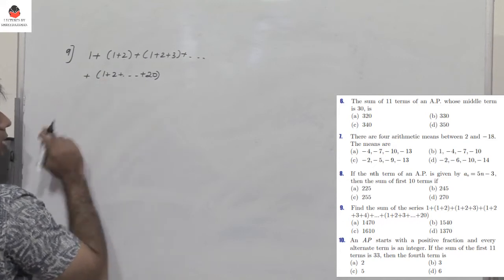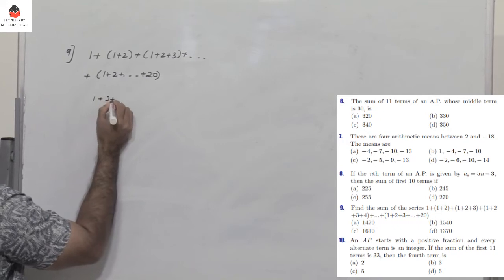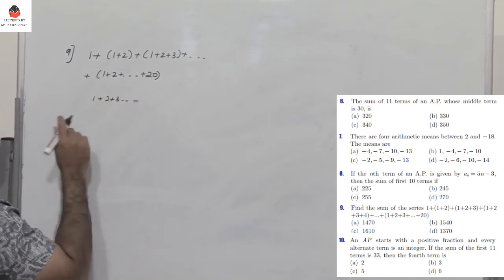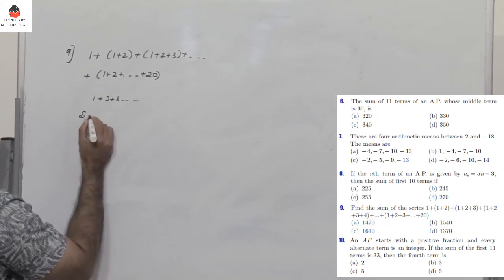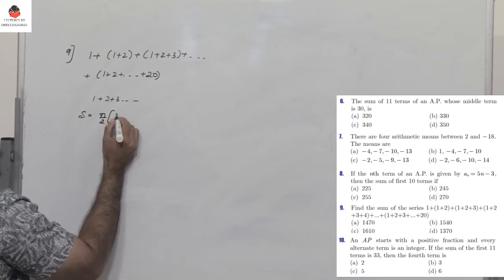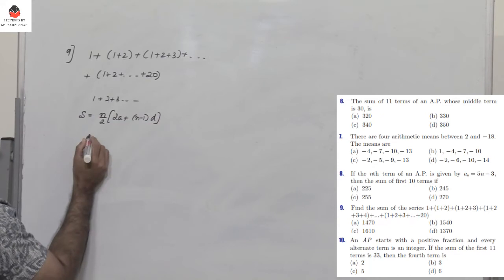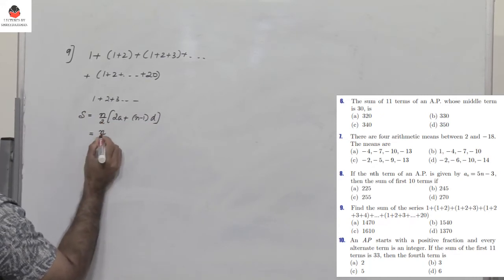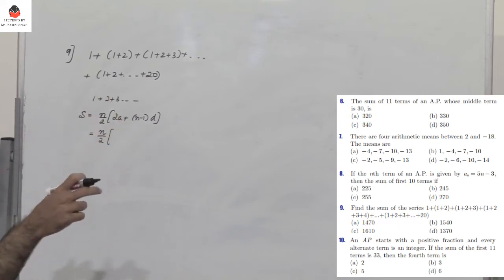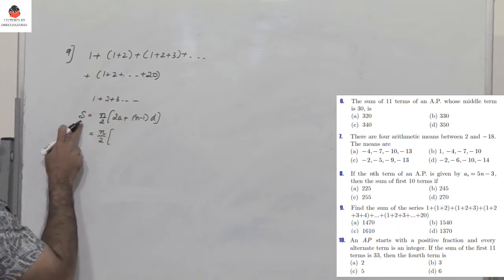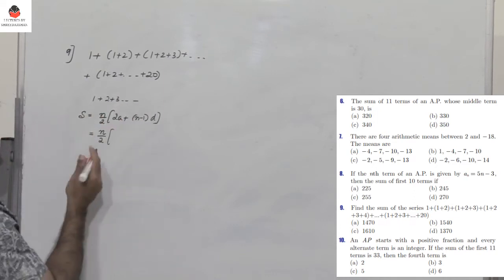Now if I have a series of numbers, say 1 plus 2 plus 3 and so on, how do I find the sum? We know that the sum is n by 2 into 2a plus n minus 1 into d. Now in general n is n here because I want to find the general expression for the sum of numbers which are in arithmetic progression where the common difference is 1.